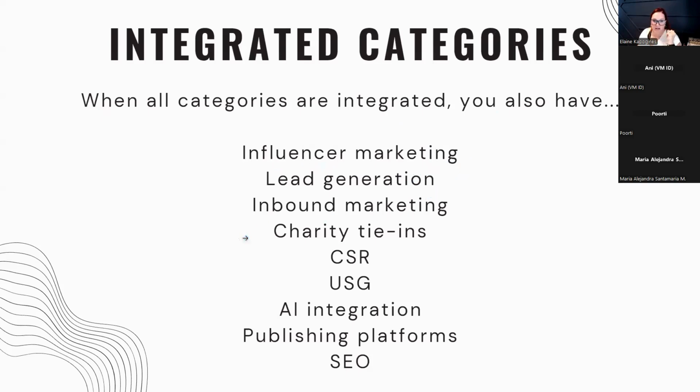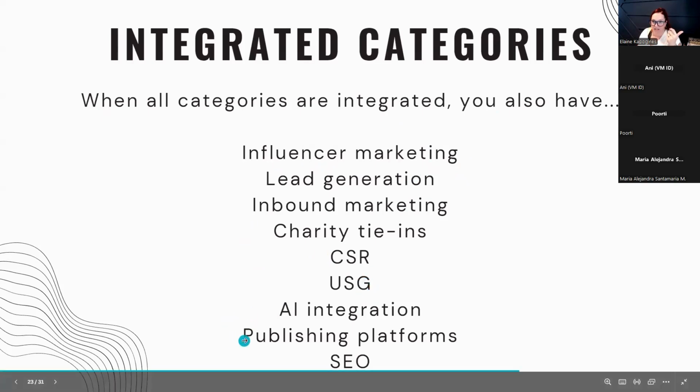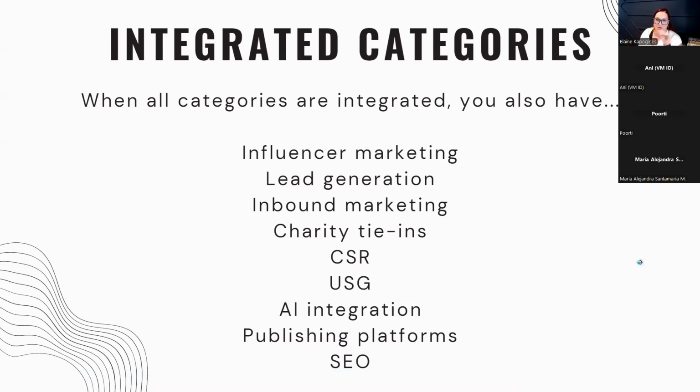If you're working with charities, corporate social responsibility, some user generated content can kind of blur categories as well. AI integration, using various publishing platforms. And then when you are talking about SEO, there is a bit of an overlap with a number of different categories. So don't always feel like when you're thinking about your marketing content that it is going to fit into one of these four categories neatly. There is some crossover.